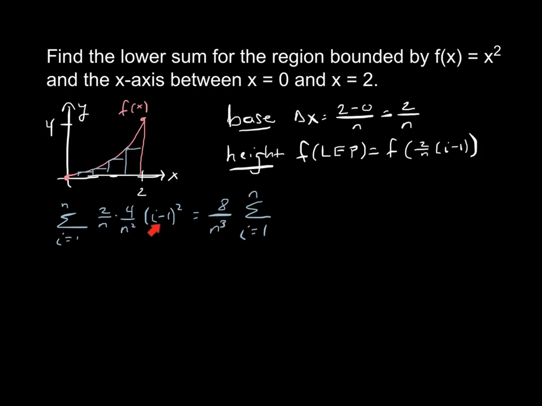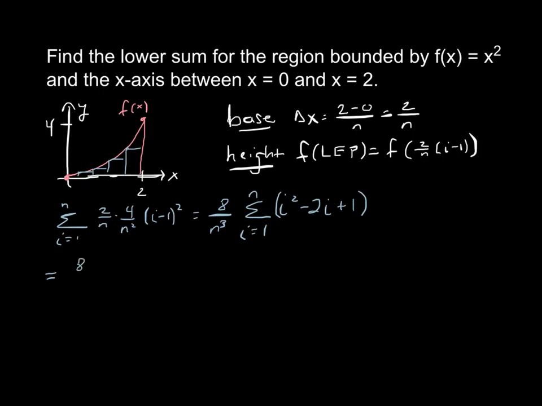And now we can distribute this i minus 1 squared. So that becomes i squared minus 2i plus 1. And now we can use our properties of summations to split all of that up.